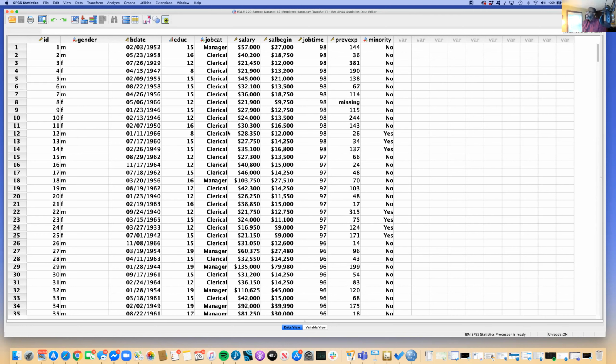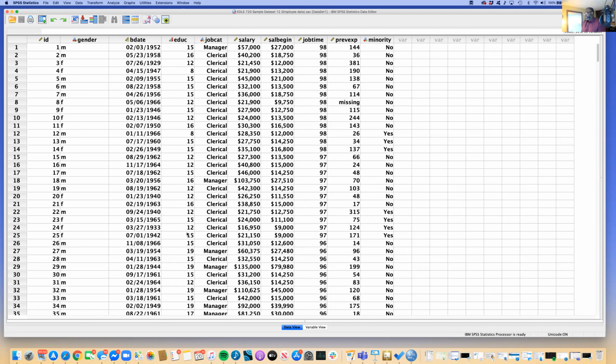All right, just as a quick look here, who can point out the categorical variables? There's a couple of ways that you can identify them. We have 4 on this data set, but where are your categorical variables here? Minority, job category, gender. And for some reason it has education as an ordinal variable here.